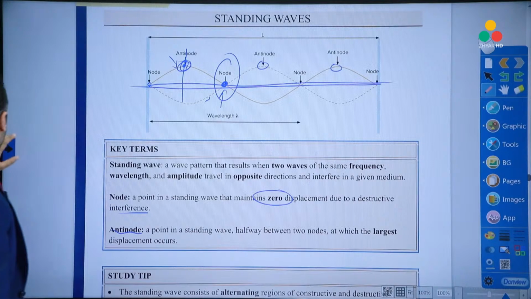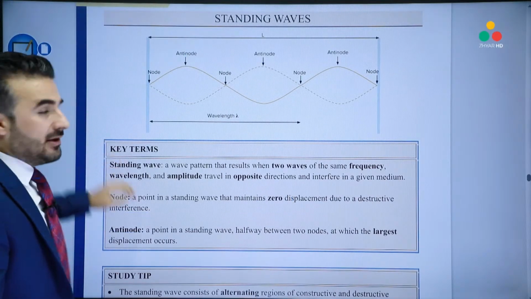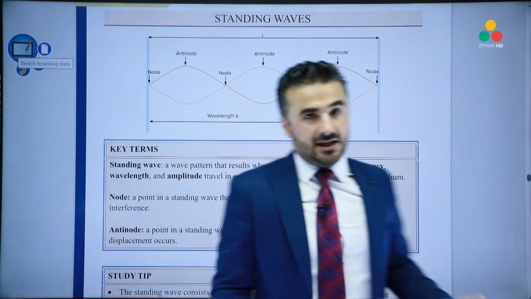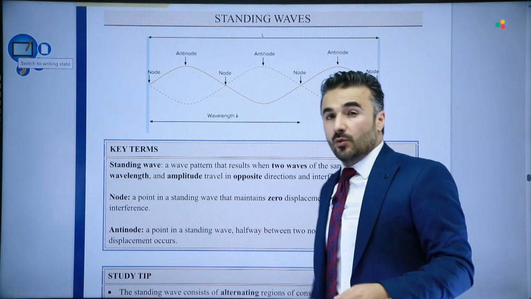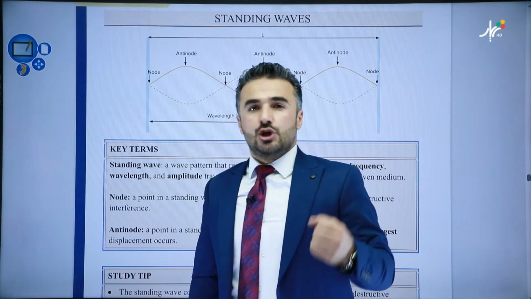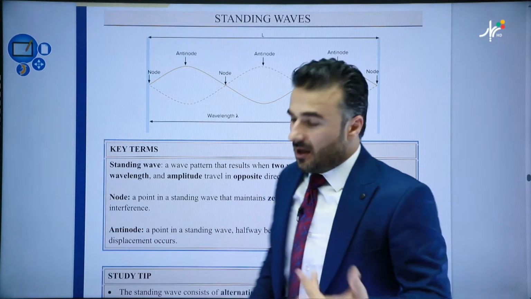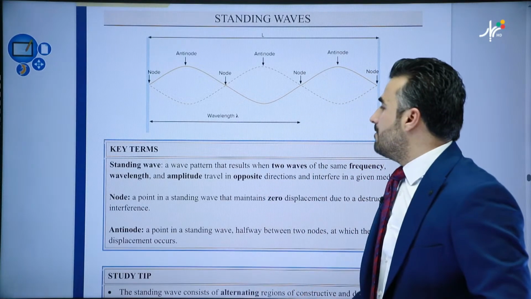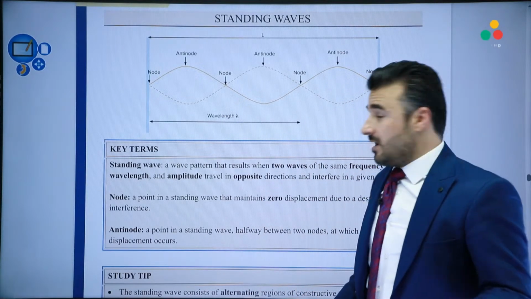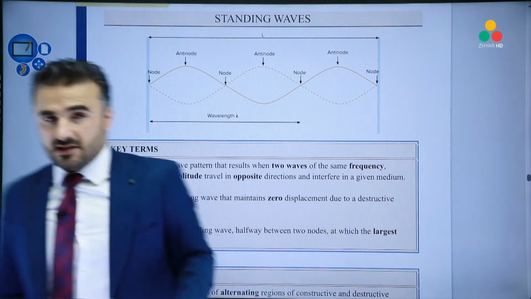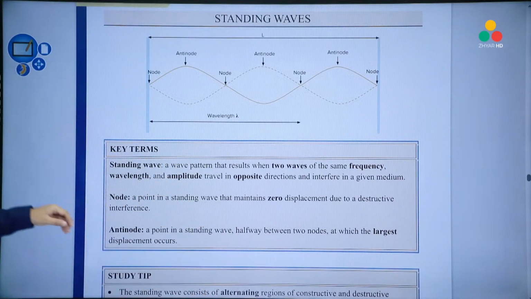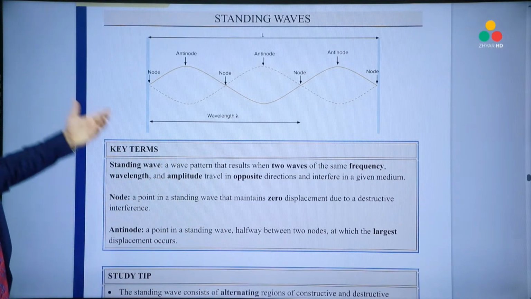Okay, so now we've learned about nodes, antinodes, and standing waves. Once again, a standing wave is a wave that results when two waves of the same frequency, wavelength, and amplitude meet, and of course, they have to move in opposite directions. The resultant is a standing wave.